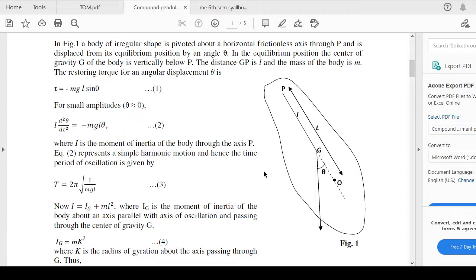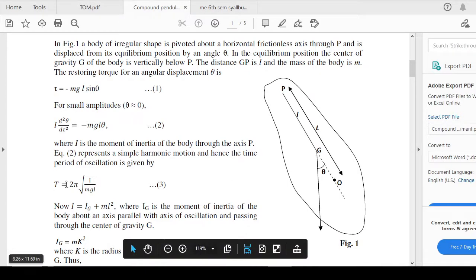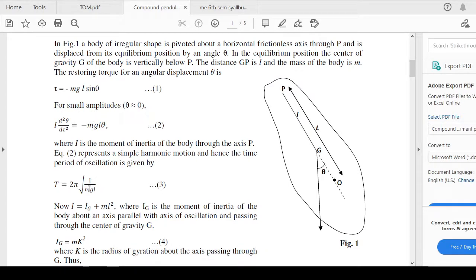Keep this formula in your mind. With the help of that you can find that the time period of oscillation will be T equals 2 pi under root I by mgl.